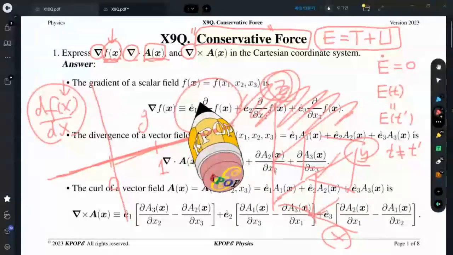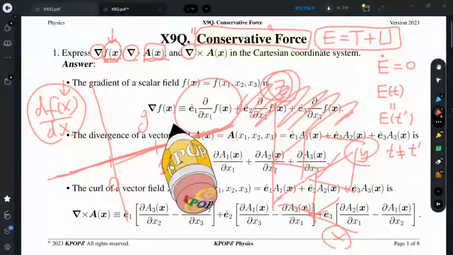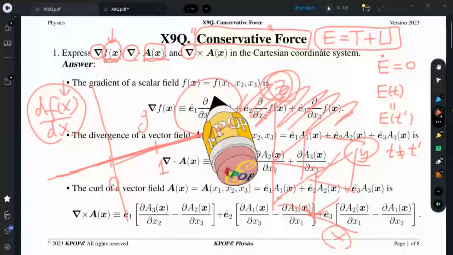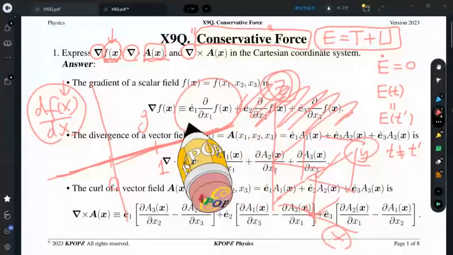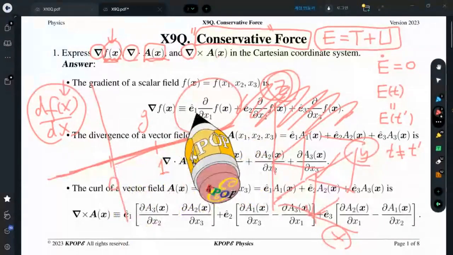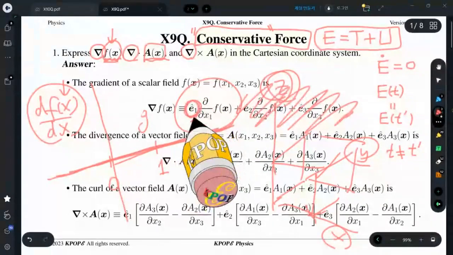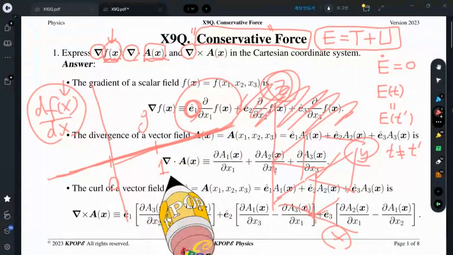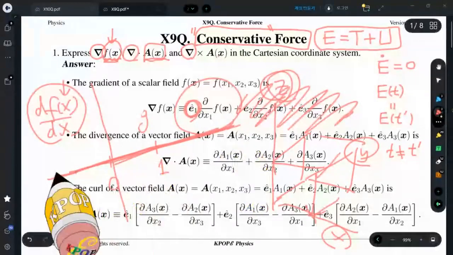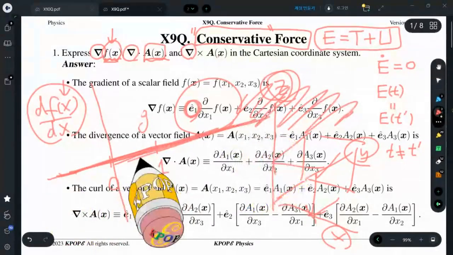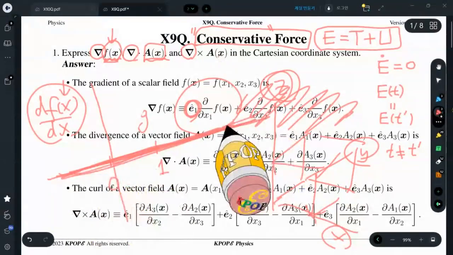And usually when you learn this kind of first order derivative in a mathematics class, they didn't allow you to attach the unit vector along that axis because you are forced to live in the one-dimensional space.